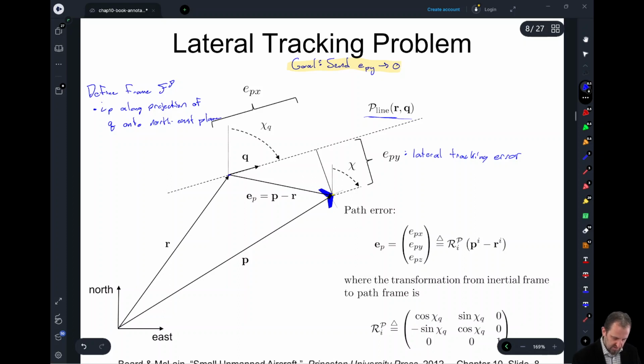So again, this vector right here is going to be in the direction of IP. IP is actually equal to Q. Okay, and we should put that up with IP.